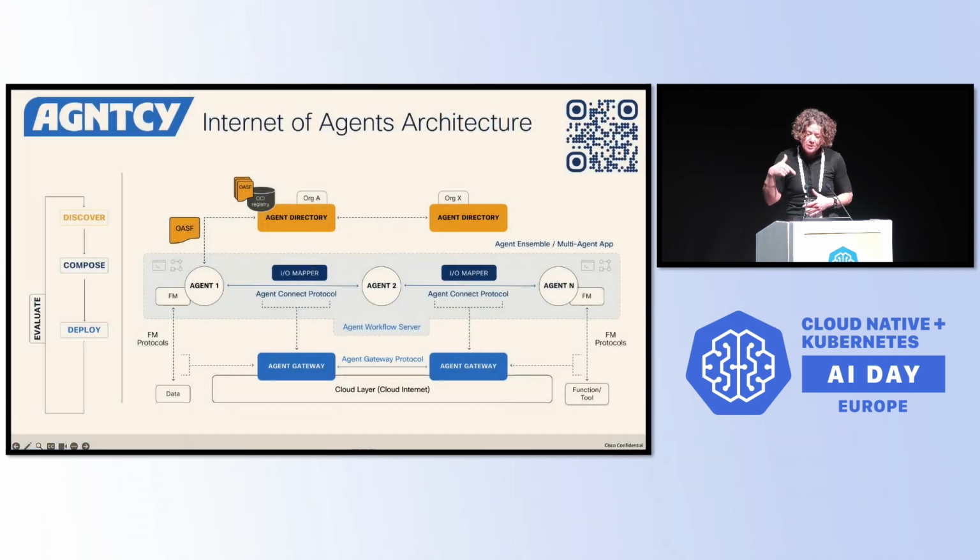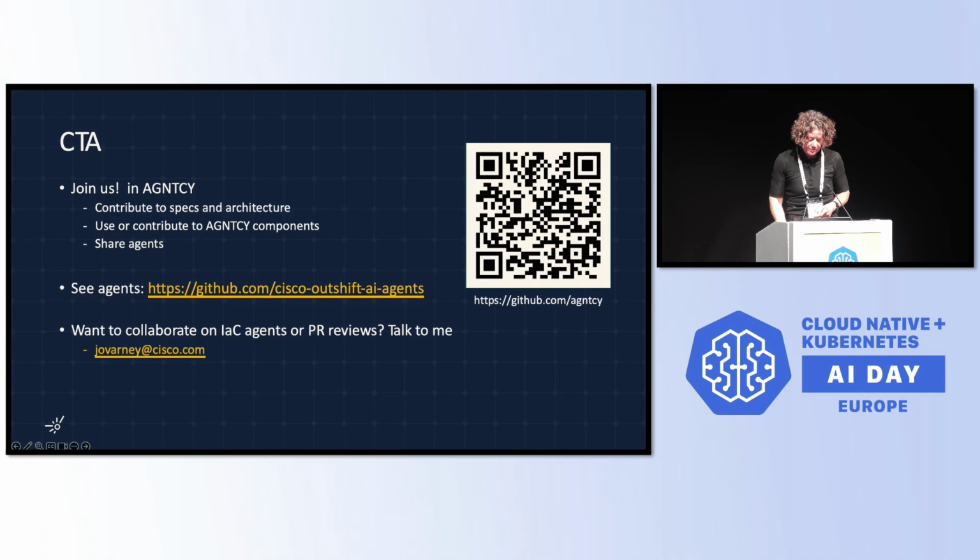The tools we need for this are a way to publish agents, discover them, see what they're capable of, and determine whether or not we can even trust them. We need a way to take those agents off the shelf and compose them into our agentic application. Then we need to deploy them really easily as a package, like a service. So this is our internet of agents.